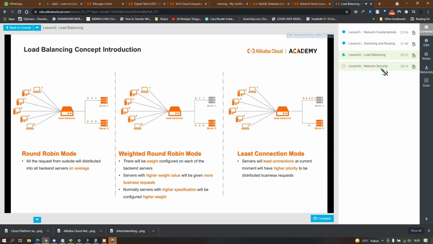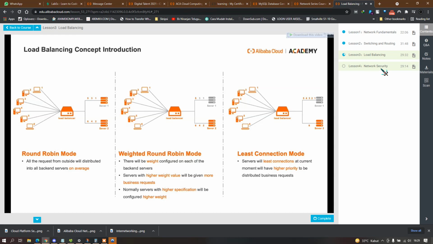I think this is easy to understand, because the first type, the round robin mode, is used when all the backend servers have the same hardware specification. But there are some scenarios where some of the backend servers have higher hardware performance, and some of them have a lower hardware specification.